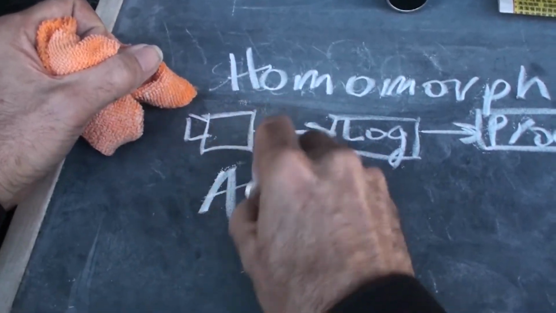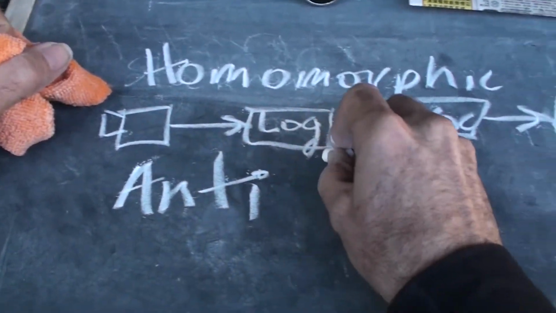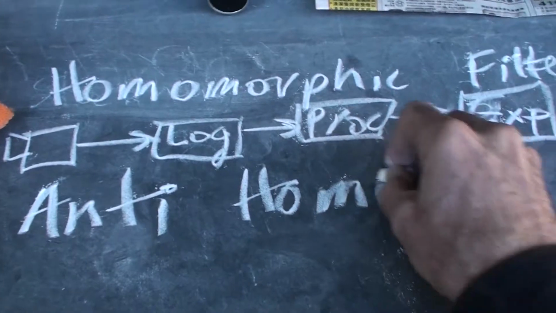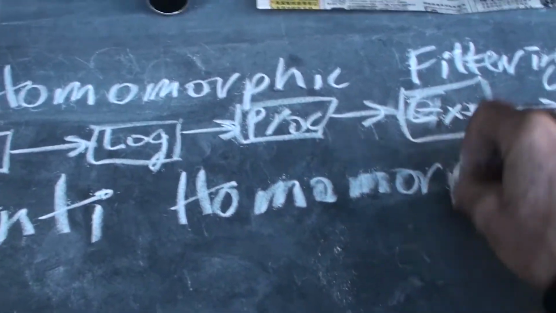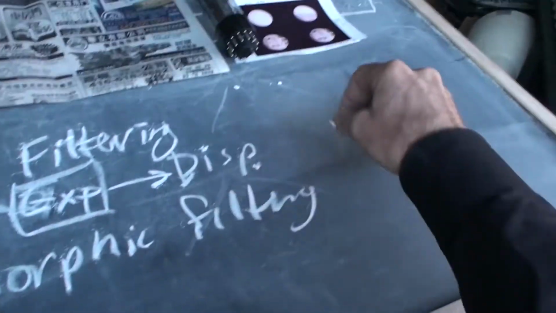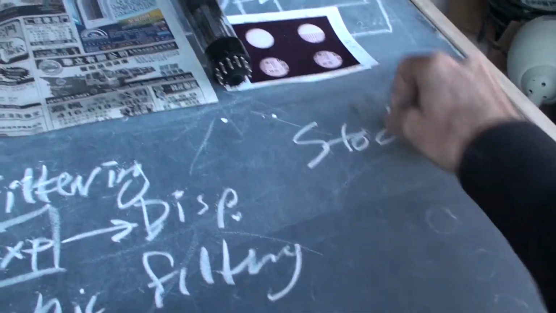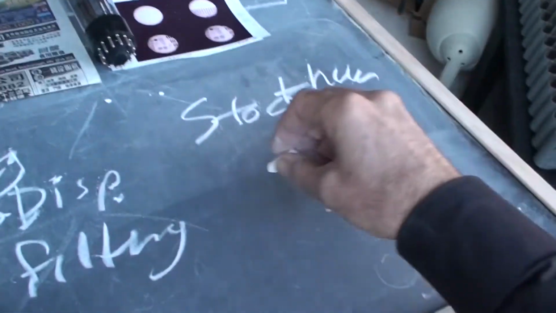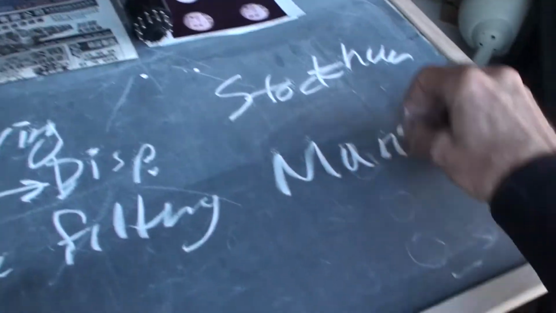What I proposed is anti-homomorphic filtering. This is what my proposal was.